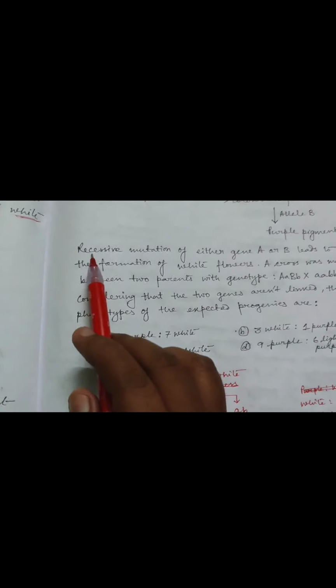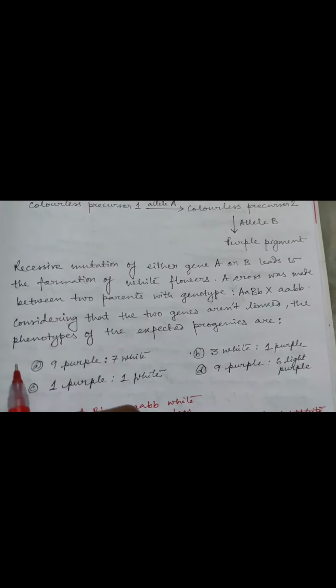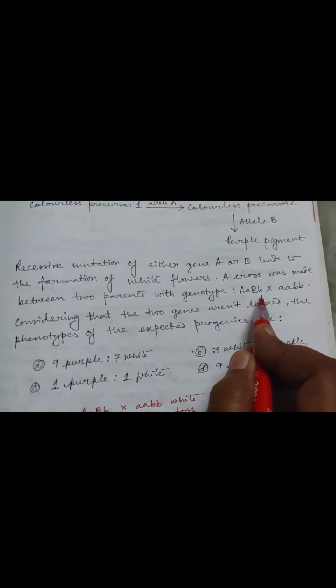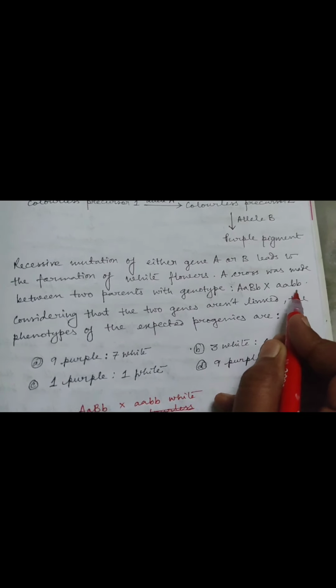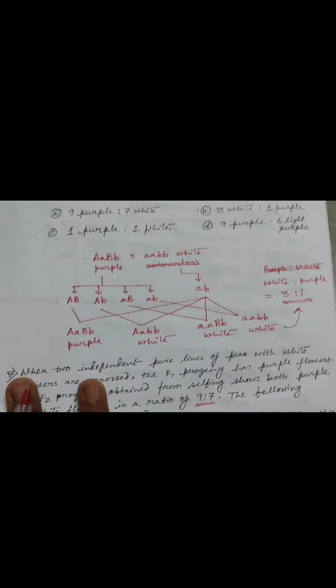They are asking, recessive mutation of either gene A or B leads to the formation of white flowers. When a cross was made between 2 parents with genotype capital A small a, capital B small b with small a, small b, considering that the 2 genes are not linked, the phenotypes of the expected progenies would be... So let's do the cross.